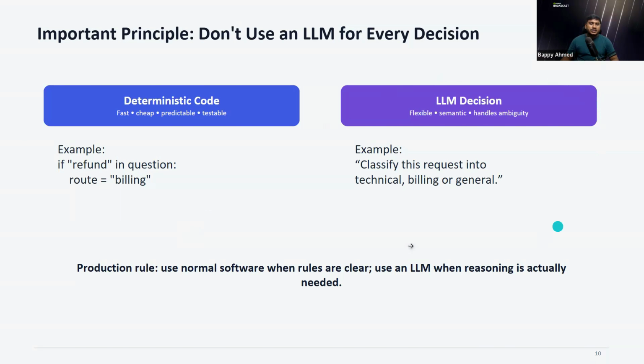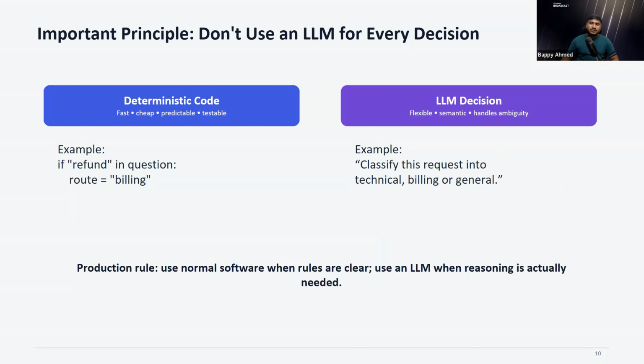But if the question has some complexity, let's say classify this request into technical, billing, or general, at that time you can't use this deterministic code. At that time you definitely have to use LLM decisions. So it's your design pattern always. You don't need to use a large language model for every sort of task, sometimes deterministic code will work.